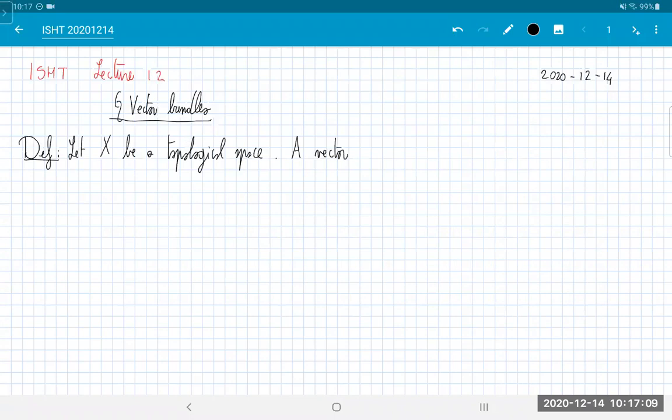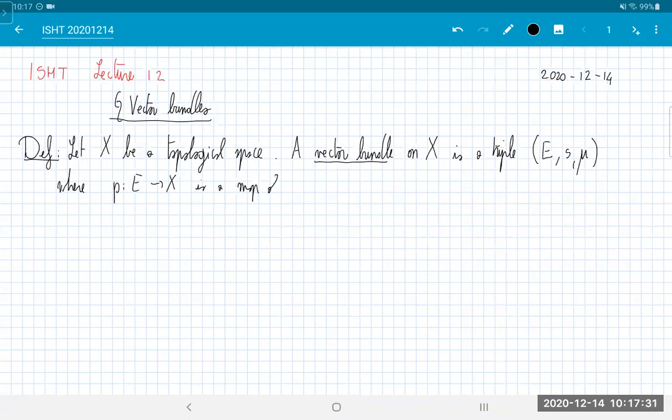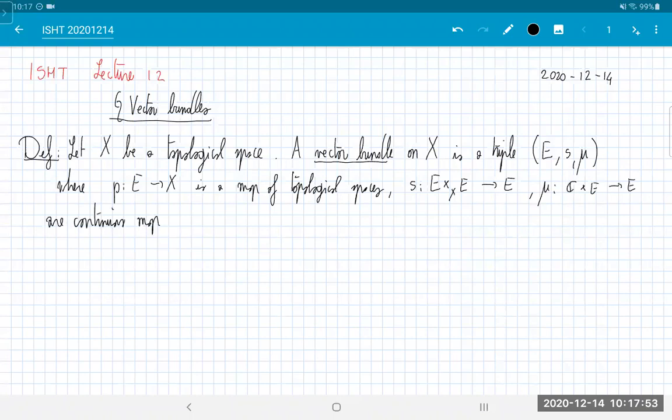A vector bundle on X is a triple (E, S, mu), where p from E to X is a map of topological spaces, S from the fiber product of E with itself to E, and mu from C times E into E are continuous maps over X. So these are maps of spaces over X such that they satisfy the following property.